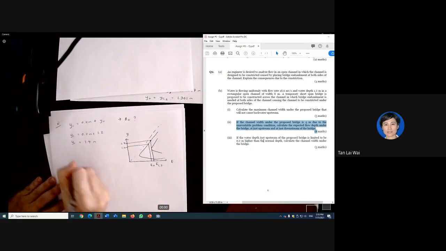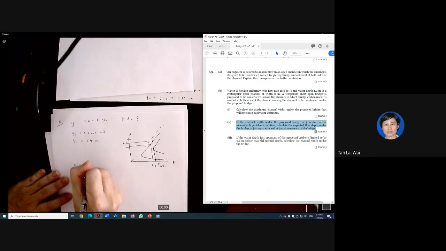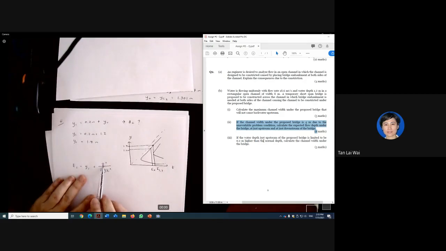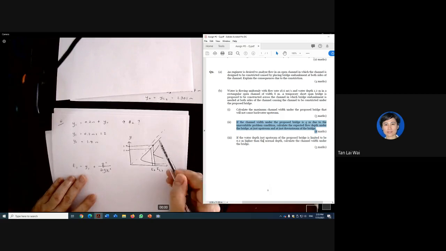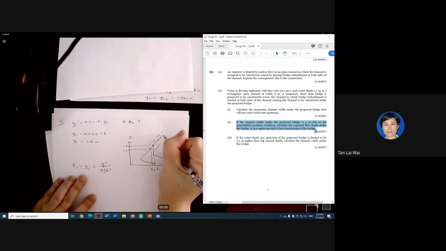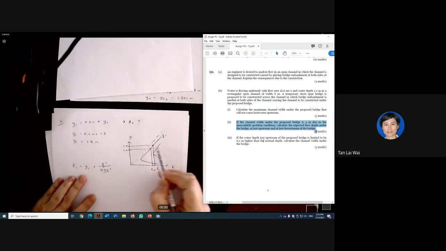So E1, let's just put E1 now, is equal to Y1 plus Q squared over 2gY1 squared. Now this Q here is actually Q naught, because the Y1 here is from this line here.